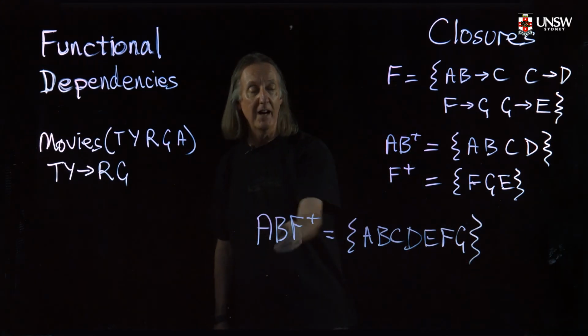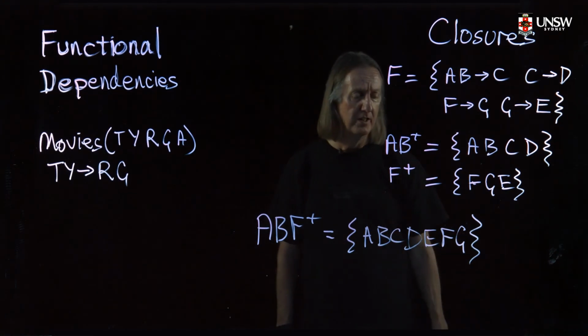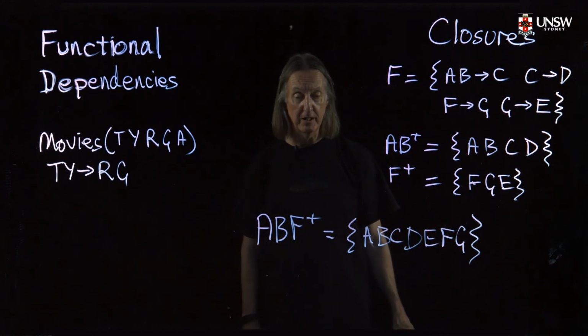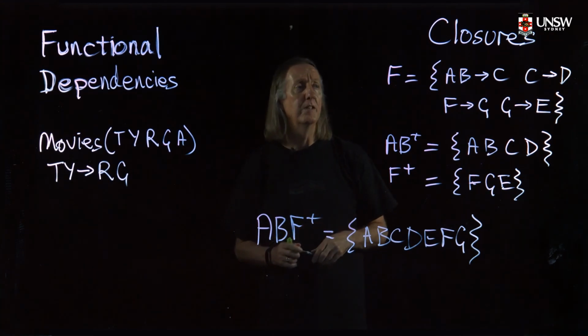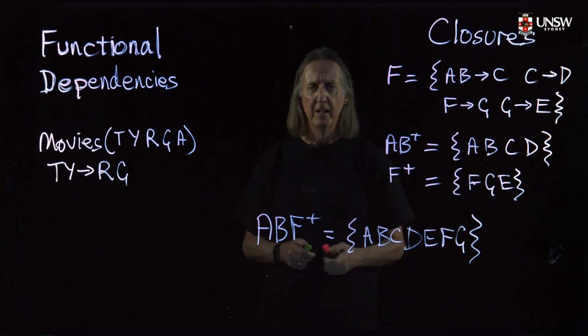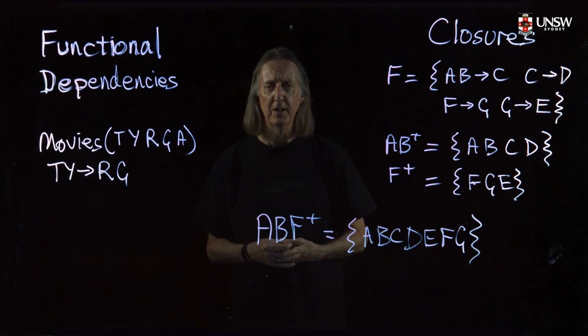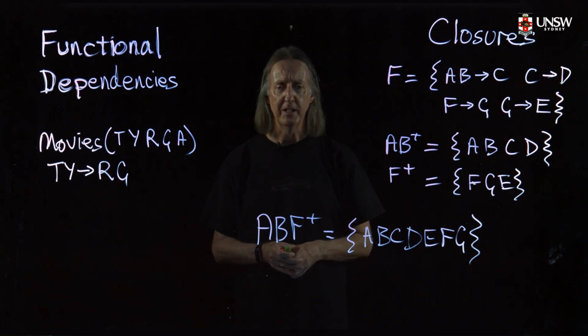Okay, so AB allows us to determine these, and F allows us to determine E, F and G. So A, B and F is a key for this relationship under this particular set of functional dependencies. So that idea is going to be useful when we start talking about decomposition.